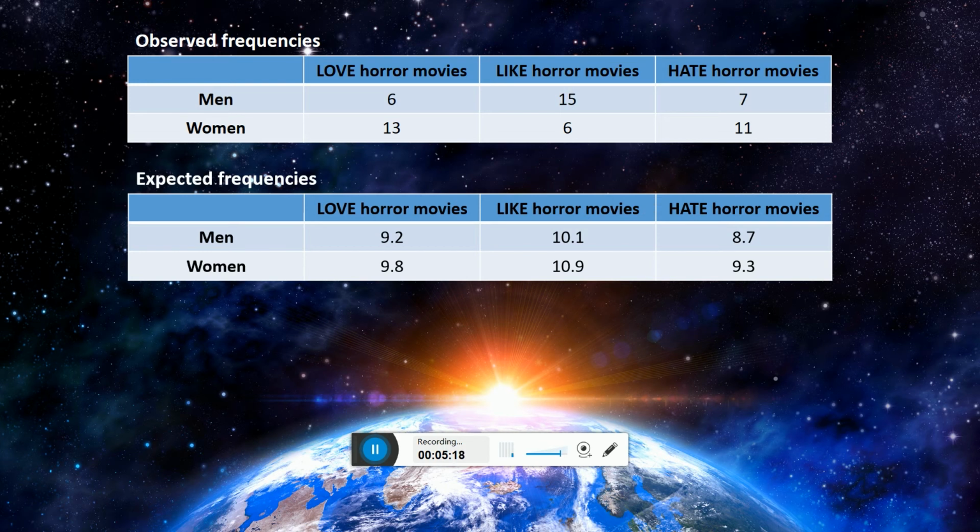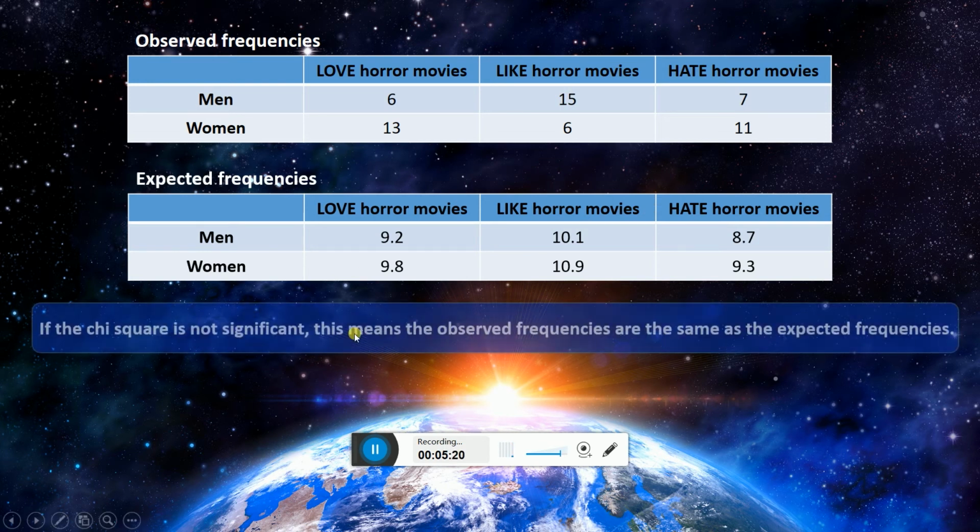All right? Okay, so let's assume that we go ahead and we ran our chi-square contingency test, and that test was not significant. If it's not significant, it means that the observed frequencies are the same as the expected frequencies. So in other words, what we found and what we expected to see are the same.